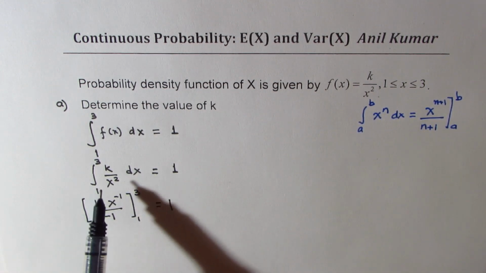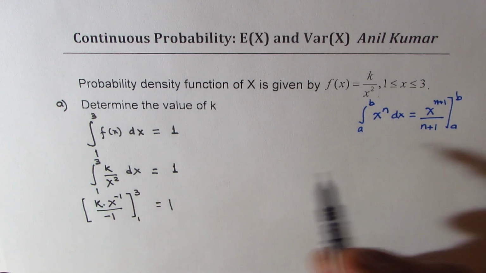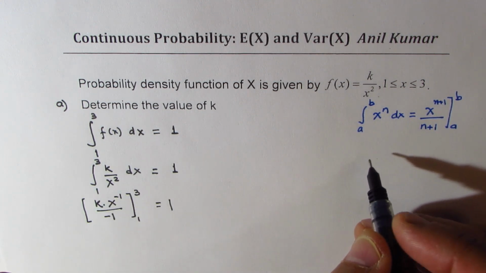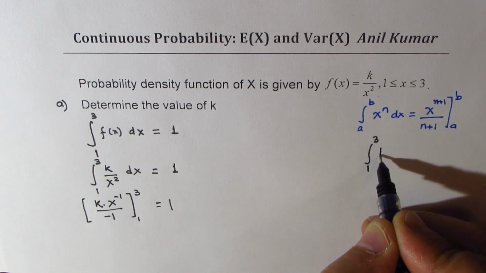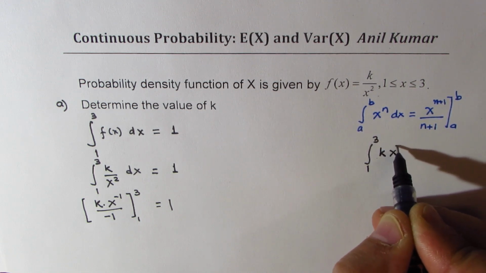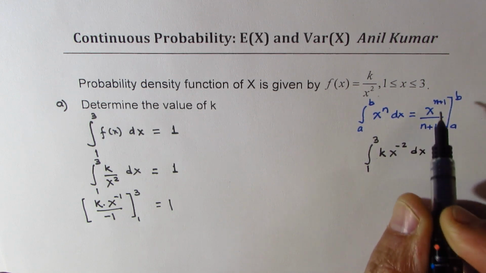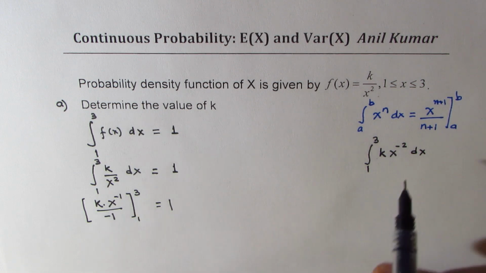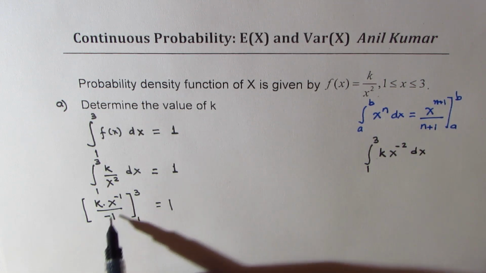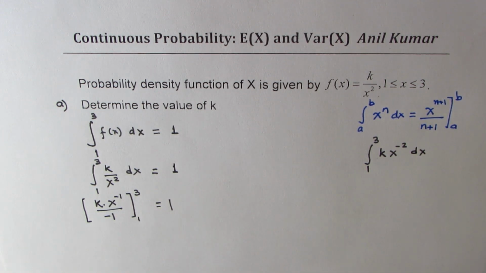So what we did was, we wrote this x squared as, so we had this integral from 1 to 3, we wrote it as k times x to the power of minus 2 dx. Now when you add 1 to minus 2, it becomes minus 1, and we are dividing by the same exponent, which is minus 1. So I hope that makes sense, right?